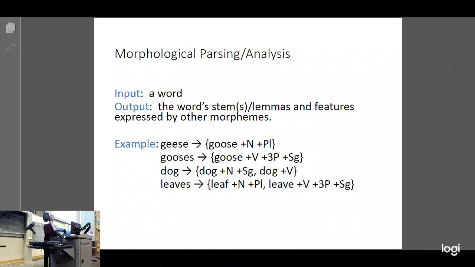We have a word as an input, and we want to output the word's stems or lemmas and the features expressed by other morphemes. So given geese, we want to return goose and plus n for noun and plus pl for plural. For gooses, which can't be a noun, this has to be a verb, meaning to pinch, right? He gooses me.